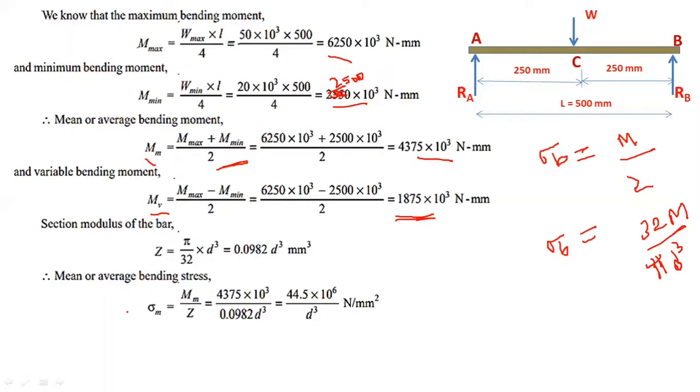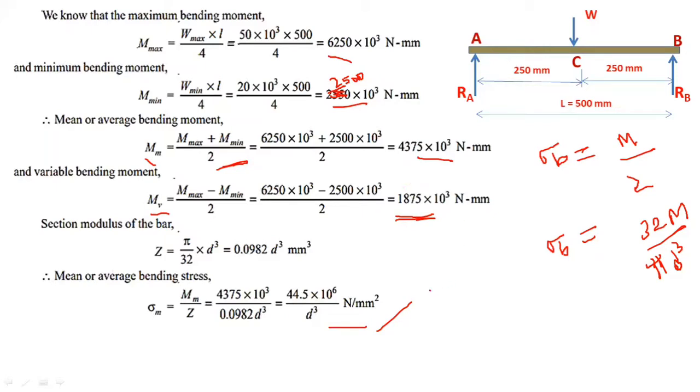So bending stress equal to M by Z, Z equal to pi d cube by 32. Substitute the value of mean bending moment divided by section modulus. This one is the mean bending stress. For tensile and compressive loads, the formula is stress equal to load by cross section area. For axial loads, the formula for stress is load by cross section area, but this one is bending stress.